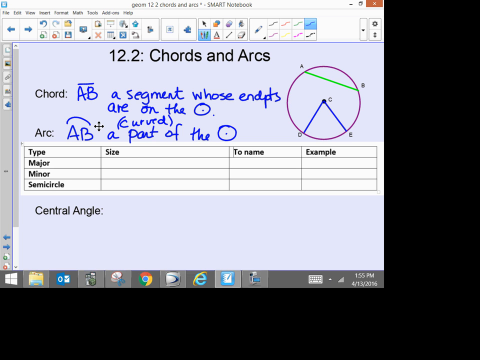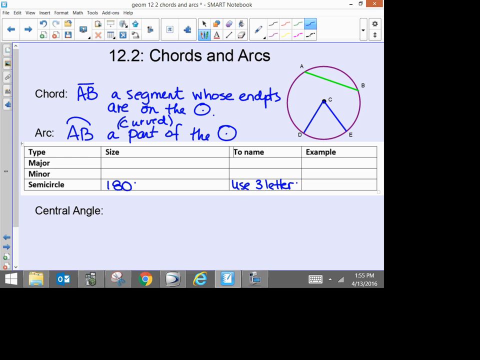Okay? We have types of arcs. We have major, minor, and the semicircle. Okay, how big is a semicircle? 180 degrees. Okay. What do you use to name? How many letters? 3 letters.